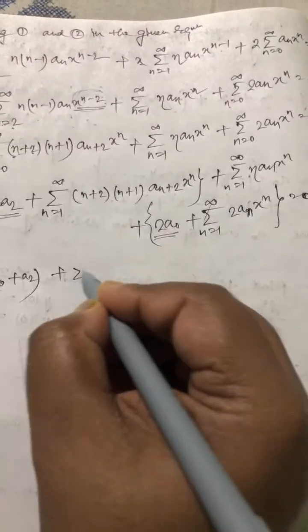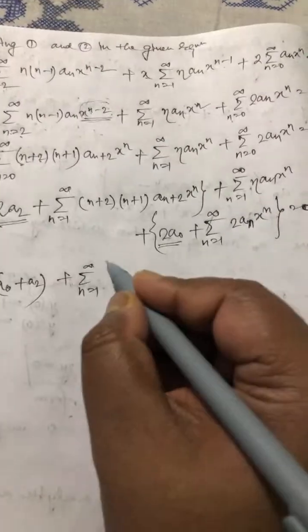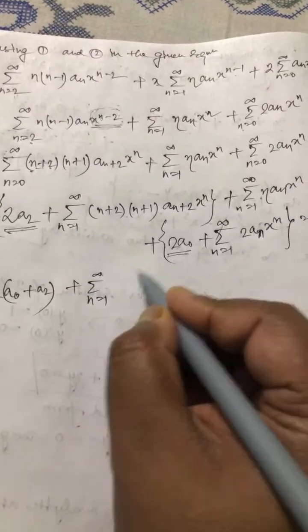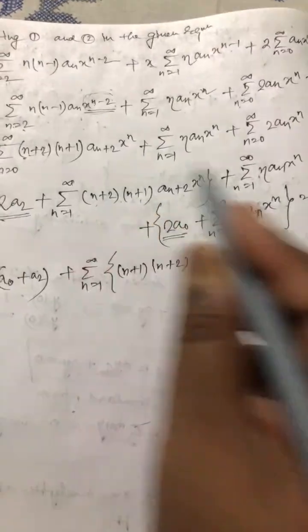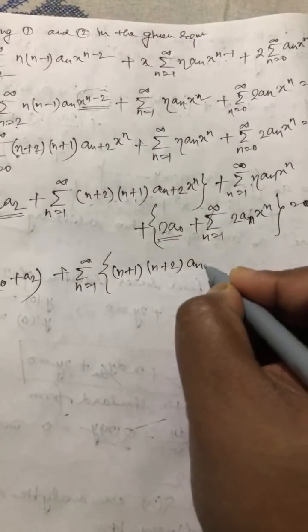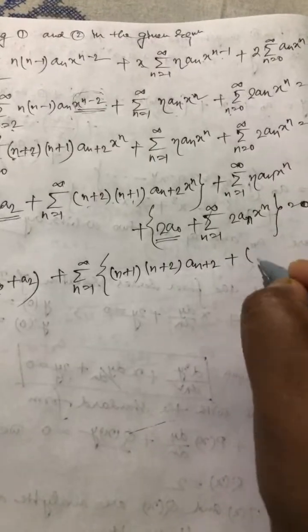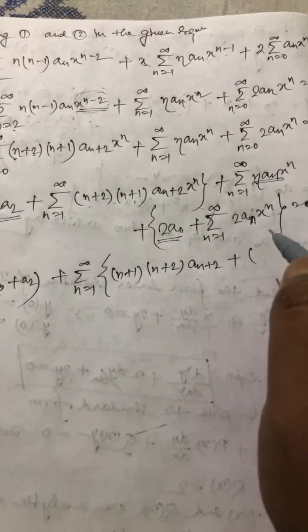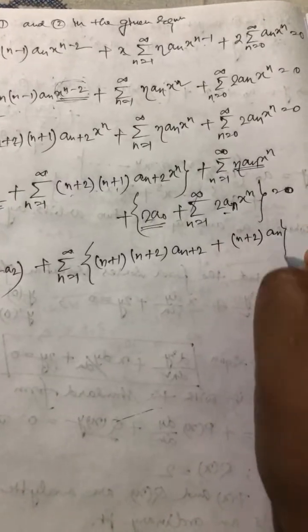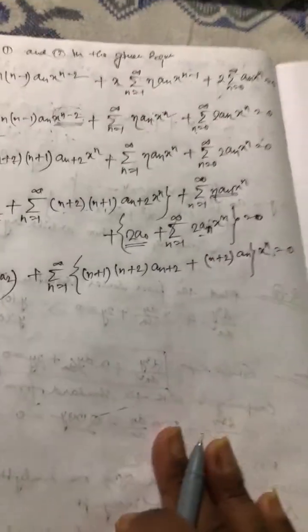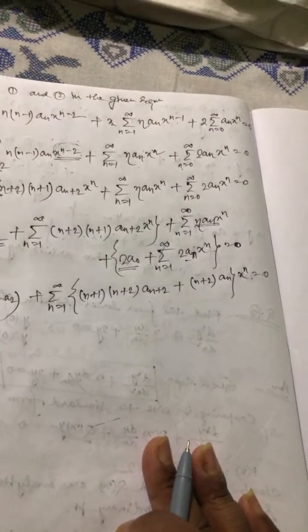Then summation n equals 1 to infinity. This part will give you what? (n plus 1)(n plus 2) a_(n plus 2), then n a_n, then 2 a_n, that is multiplied by x to the power n.